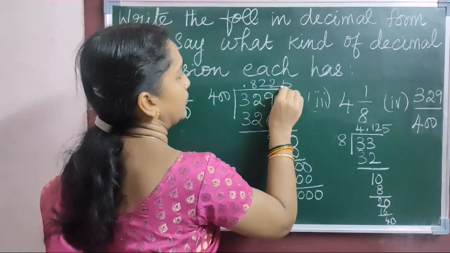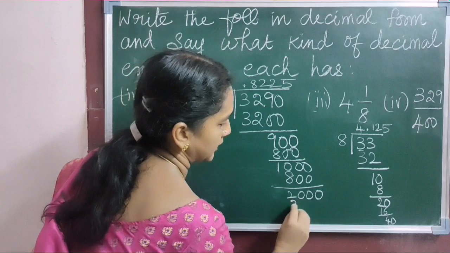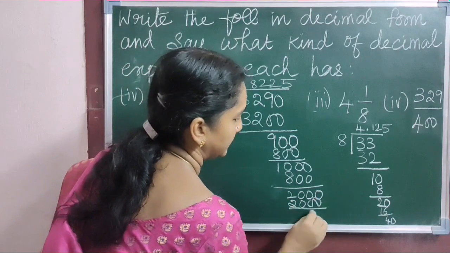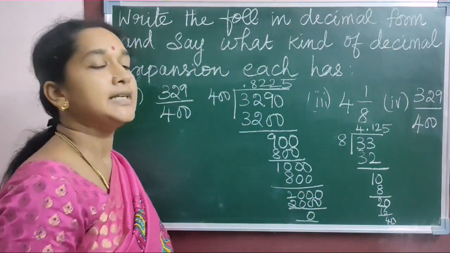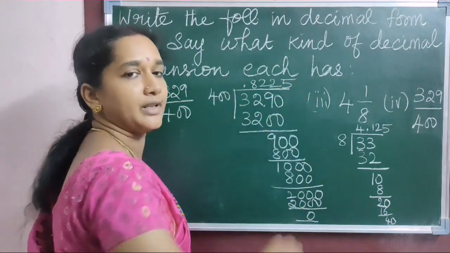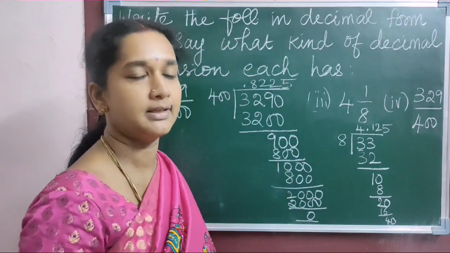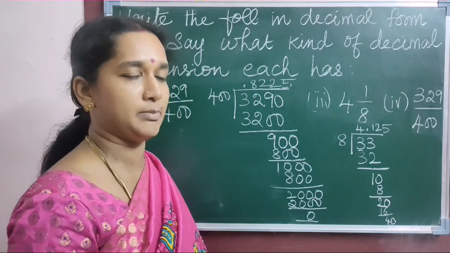Then 5 times 4s are 20. So this is also terminating decimal expansion. It terminates after the 4th decimal number. Till the 4th decimal number it stops. So this one is terminating decimal expansion.